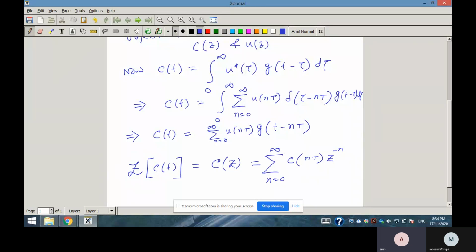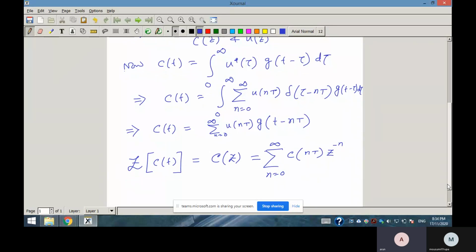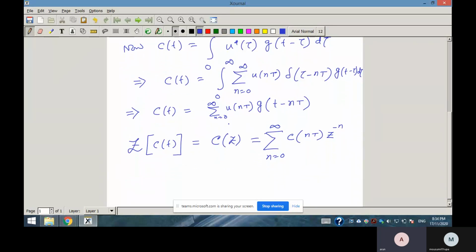Now we'll substitute what c(nT) is. c(t) is known, we have determined it.